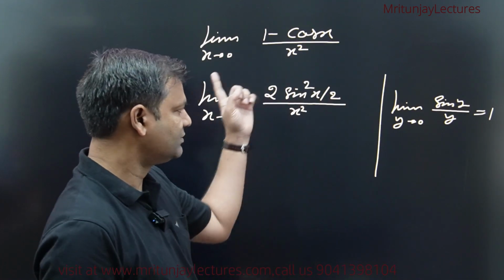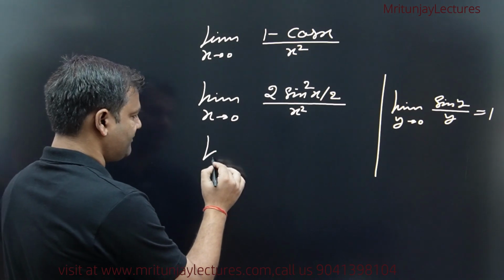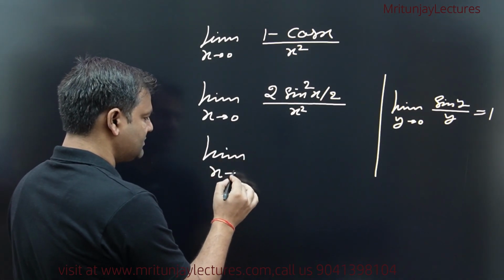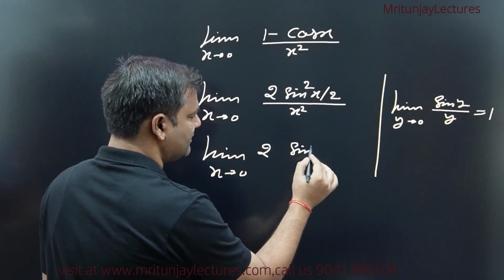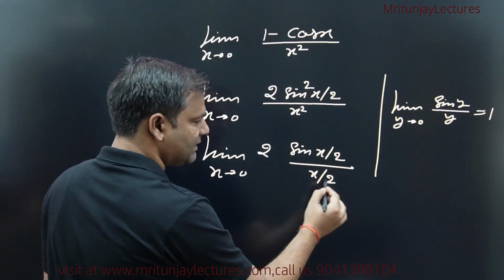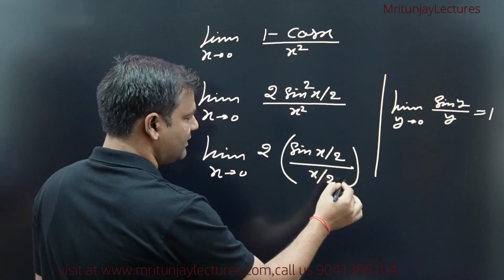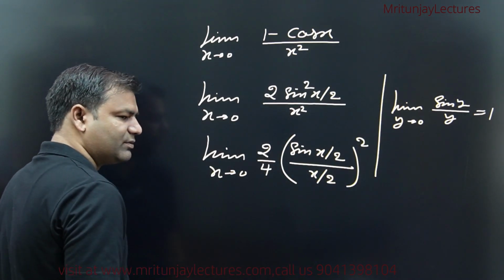So to make it like that, we write sin x by 2 divided by x by 2 whole square, which means dividing by 4.